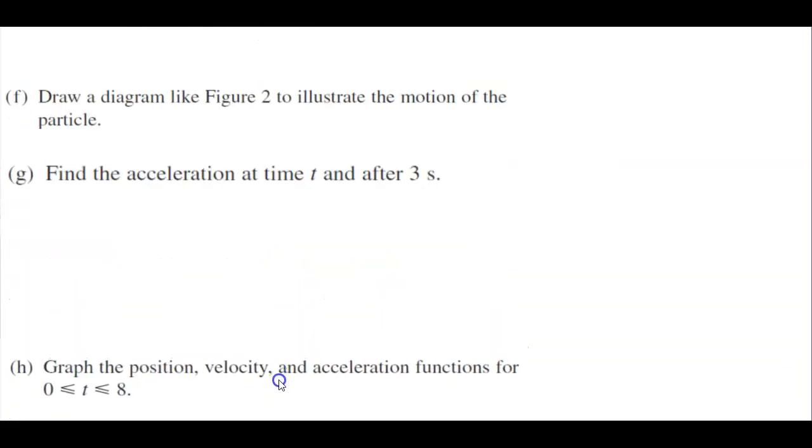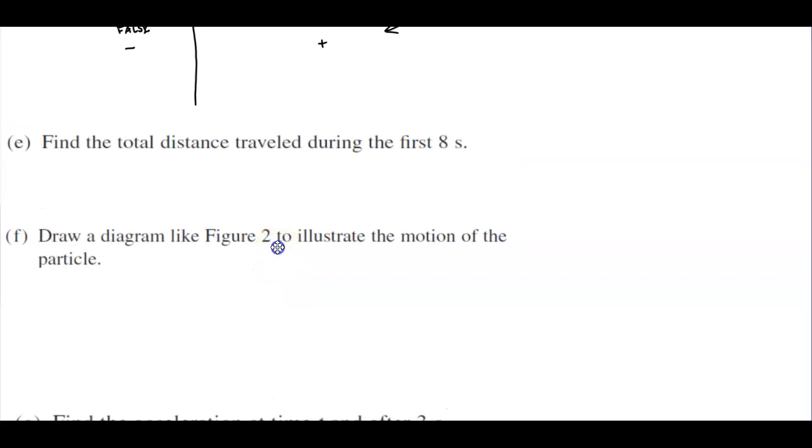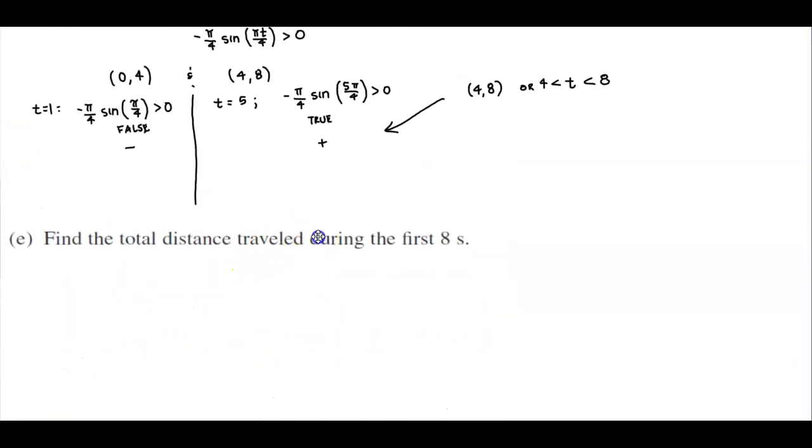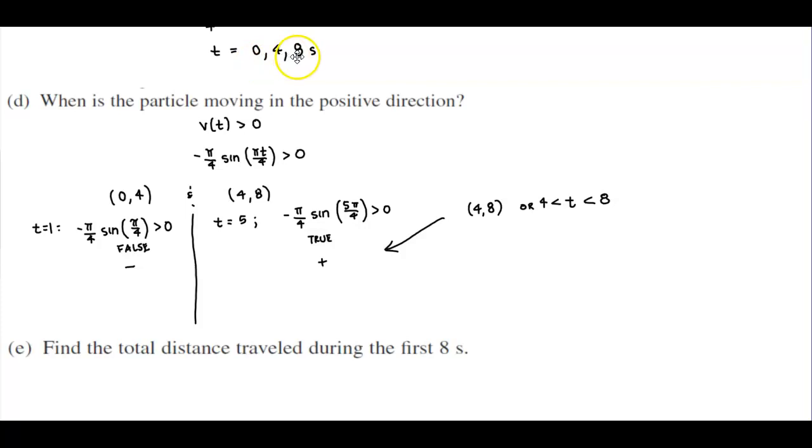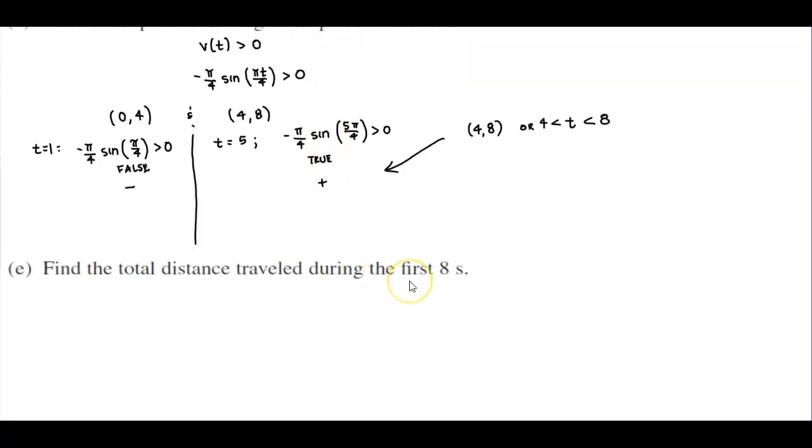Okay, now the next thing we want to do is find the total distance traveled during the first 8 seconds. So since we know that it's going from 0 to 4 and 4 to 8, that means we have 2 intervals.